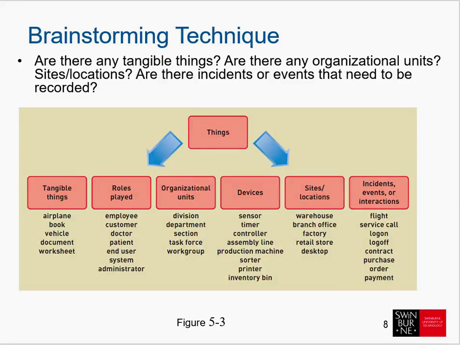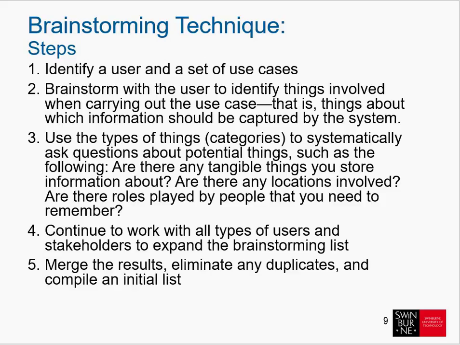So the brainstorming technique is a very comprehensive technique. Now let's go through the steps that we can follow when using the brainstorming technique. So first we need to identify a user, a set of use cases, or even a set of user stories.